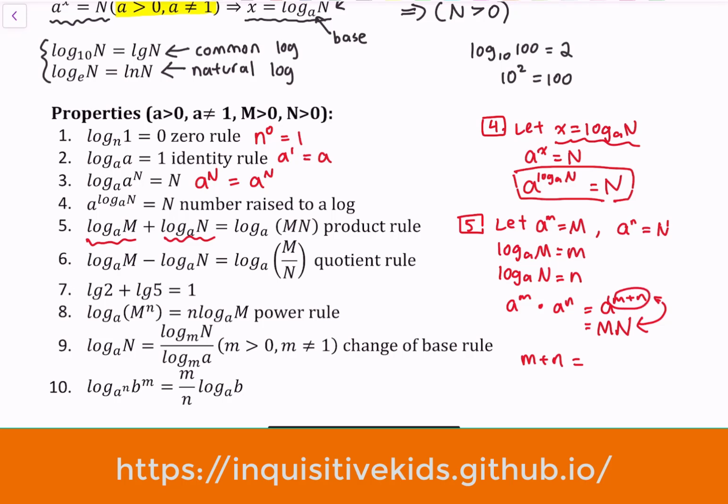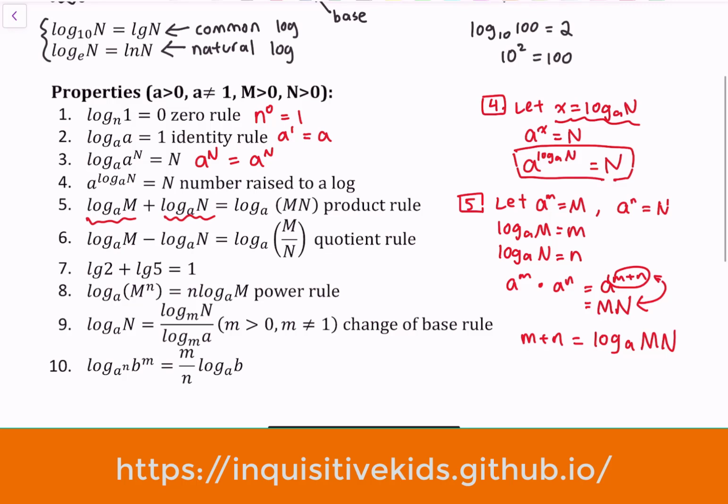But this m plus n can be expressed in the form of log base a of MN. And these small m and small n on the left side can be rewritten as what we have here. Log base a of big M plus log base a of big N is equal to log base a of MN. And this is how we prove our product rule.